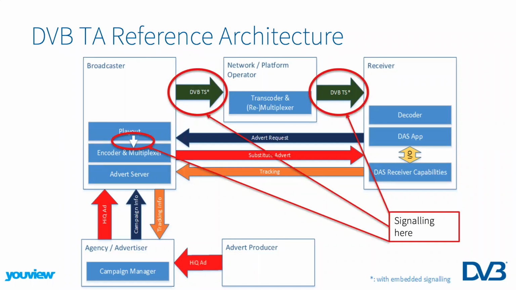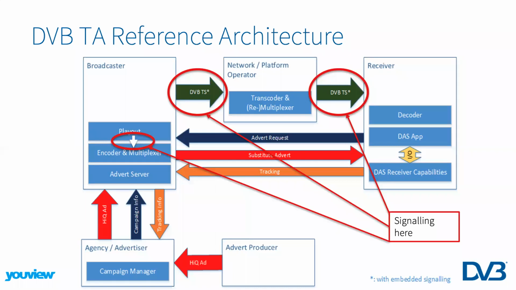broadcaster might be performing the initial encoding, and so that's the first point at which we would need to have targeted advertising signaling. Then at an interface between the broadcaster and the platform operator, this could still be in the form of the uncompressed signal, or it could already be compressed and then possibly further remultiplexed, or just transcoded as well as remultiplexed as it goes through the platform.